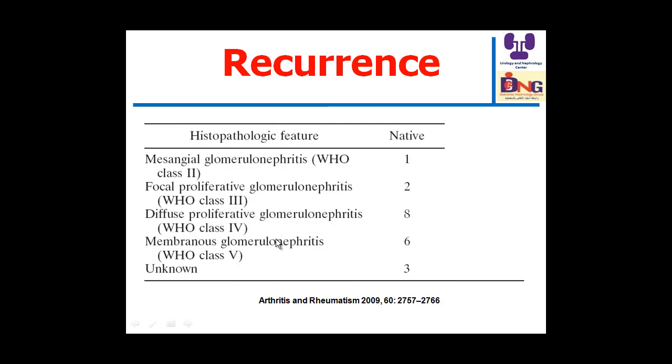But regarding the histology of recurrence, is it necessarily the same as the native pathology? The answer is no, because of the use of immune suppression after transplantation. So you can find the native pathology is class 3 or 4, and the recurrence as class 2 lupus nephritis. This is expected because of immune suppression. So the class of lupus nephritis after transplantation may be the same or a lower grade class.